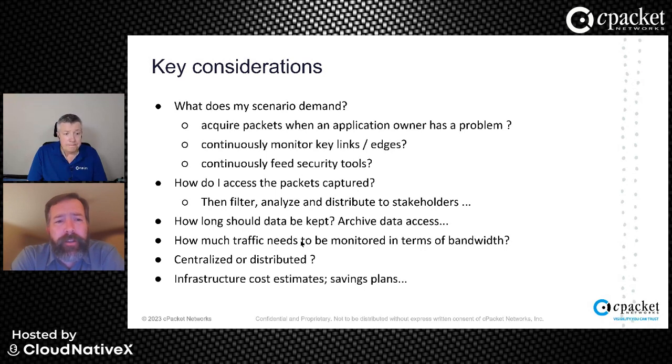So the other thing in a technical sense that I always like to bring up with people is to be thinking about if they're continuously monitoring or if they have an on-demand use case. So continuous monitoring for security is fairly obvious, but in the troubleshooting and the network monitoring, what I often see people doing is monitoring a couple of key edges or key places on their network, maybe some north-south monitoring, but then they'll do on-demand traffic mirroring for troubleshooting purposes.